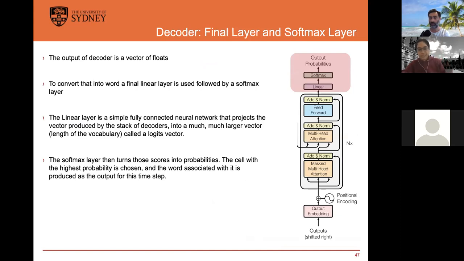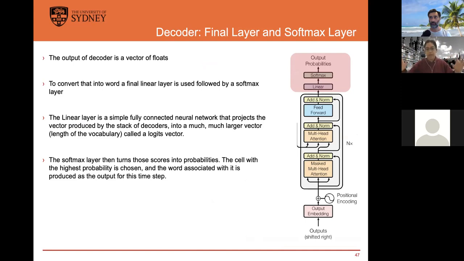What happens here is that this linear layer projects the vector to a huge logit vector, which is basically the size of your vocabulary.